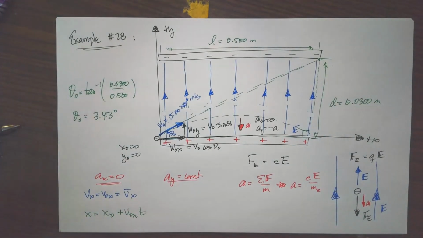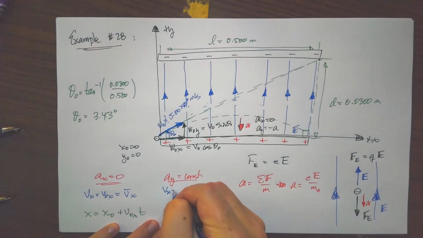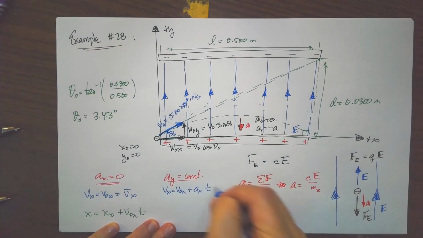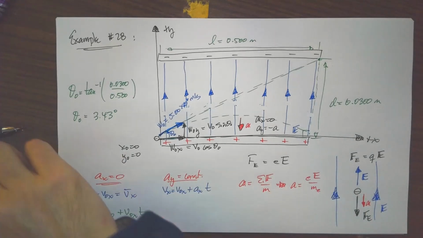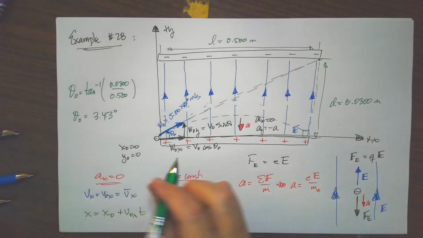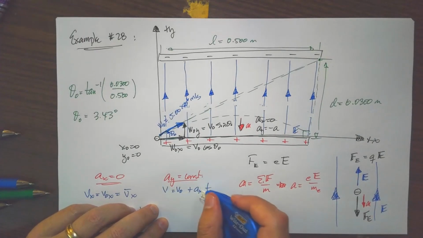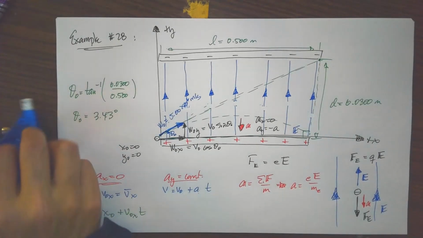And then for our a_y being constant, we get our standard set of kinematic equations, right? We get that V_x is V_0x plus a_x times the time. These are y's: V_y, V_0y, a_y, because this is in the y direction.